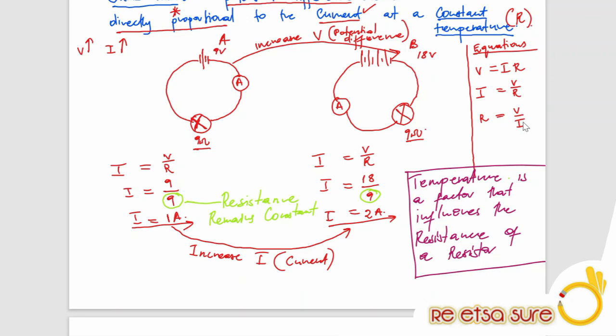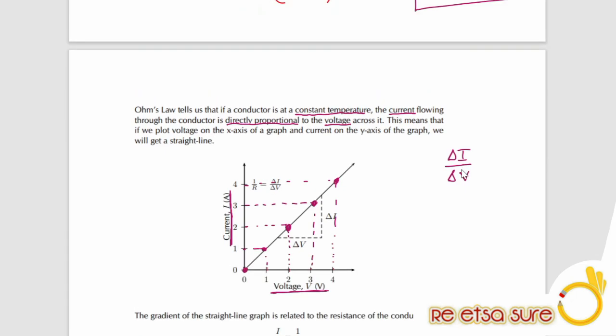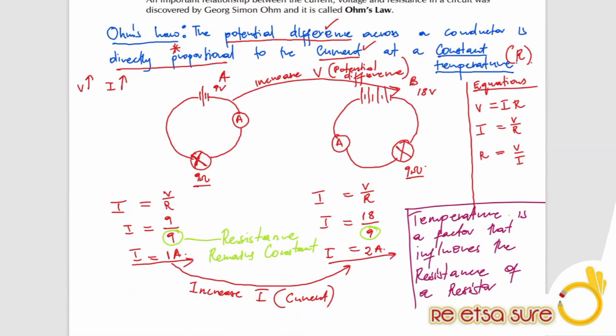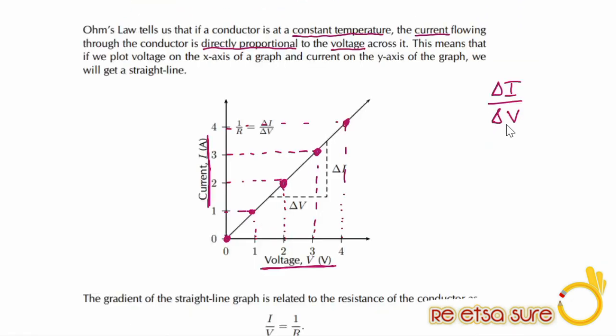Here we have V over I, but here we have I over V. That tells us this equation, R equals V over I, is still the same as saying that I over V is equal to 1 over R. Are we together?